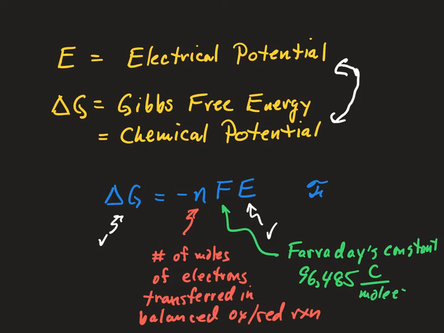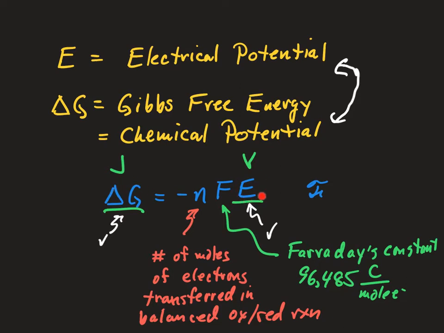So that relates units of delta G and units of E, which are in volts. This is in joules, this is in volts. And remember, the negative sign is important because when delta G is negative, reactions are spontaneous.